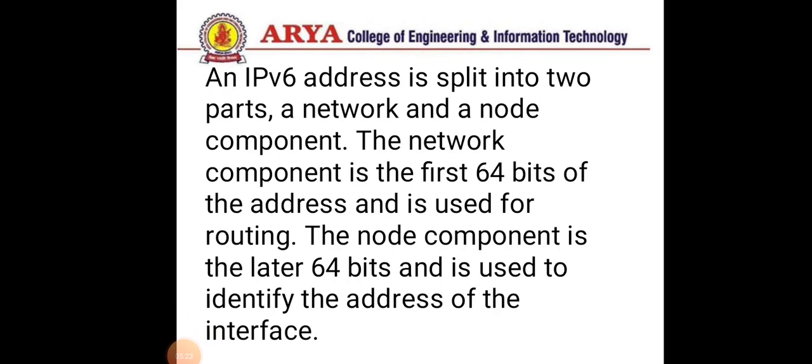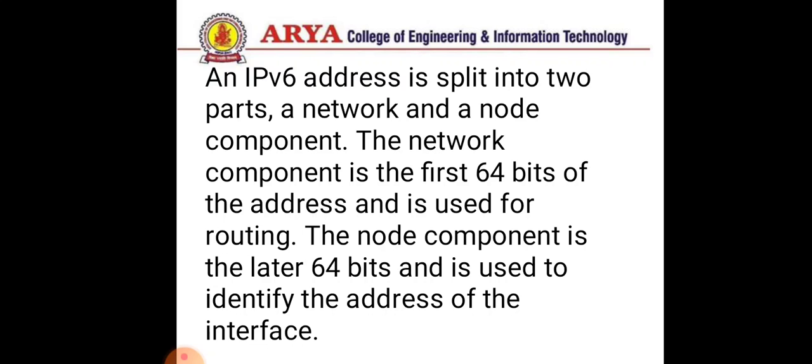An IPv6 address is split into two parts, a network and a node component. The network component is the first 64 bits of the address and is used for routing, and the node component is the later 64 bits and is used to identify the address of the interface.